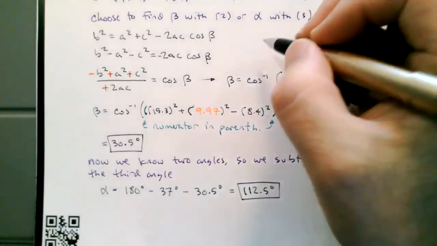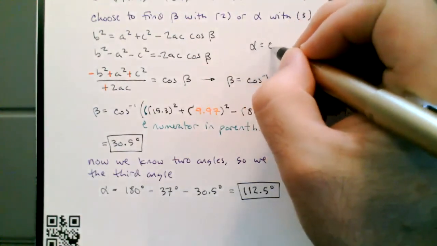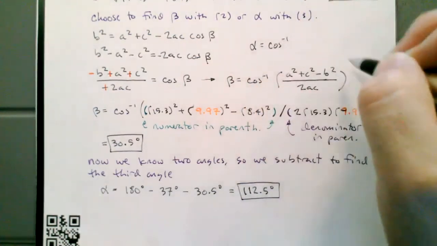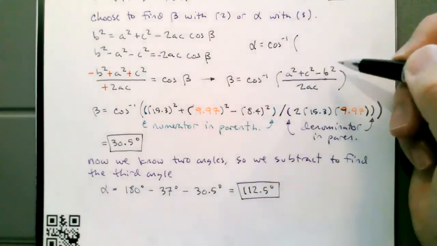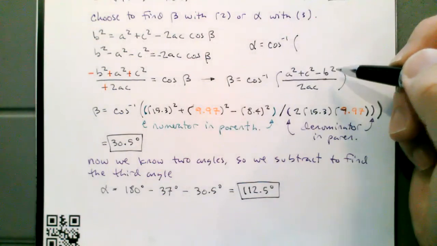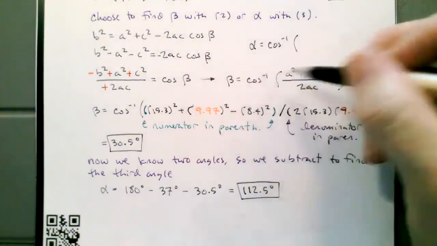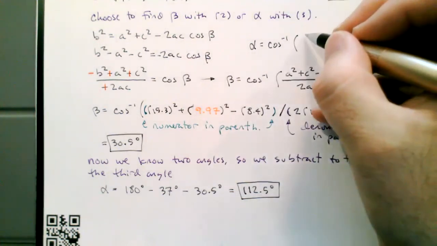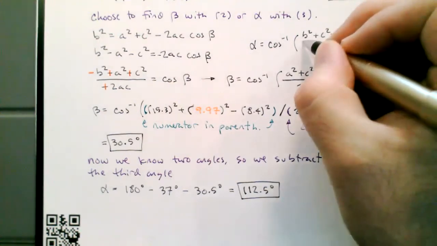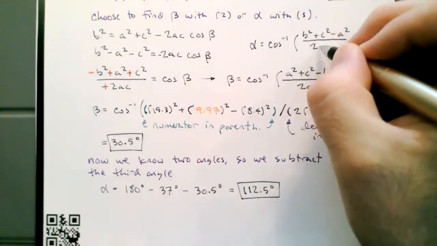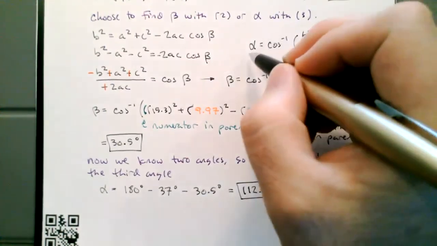So alpha would look like cosine inverse, and I'm just going to follow this pattern. Instead of A squared plus C squared minus B squared, beta and the negative squared one are the matched set. So I'll have B squared plus C squared minus A squared over 2BC, and then find the cosine inverse of that.